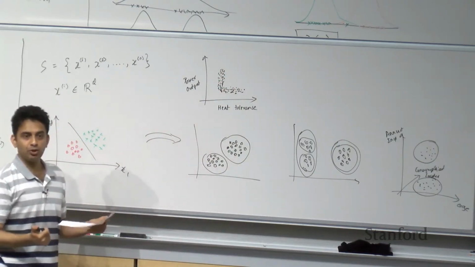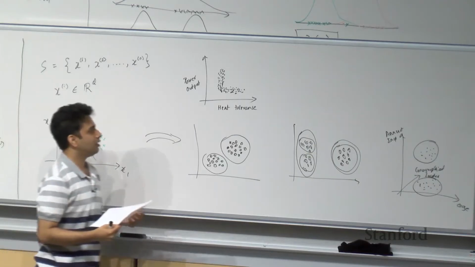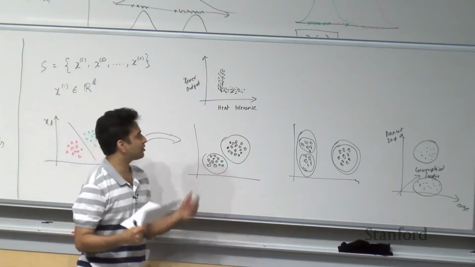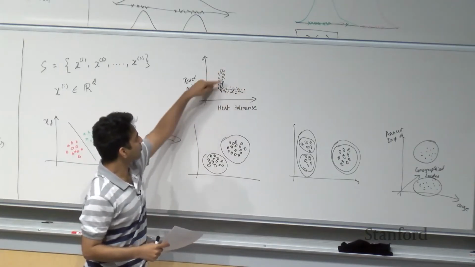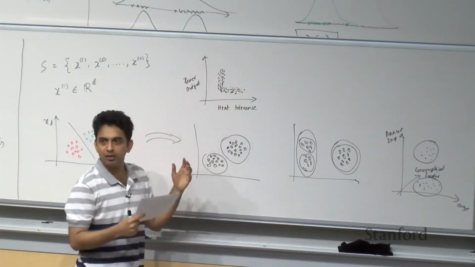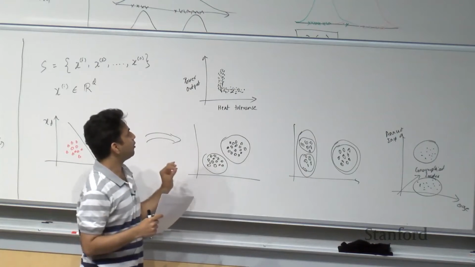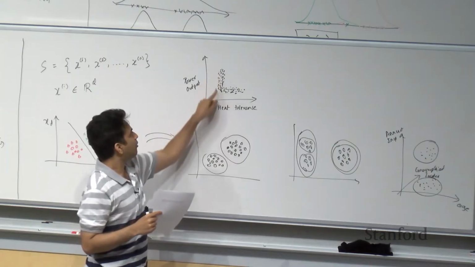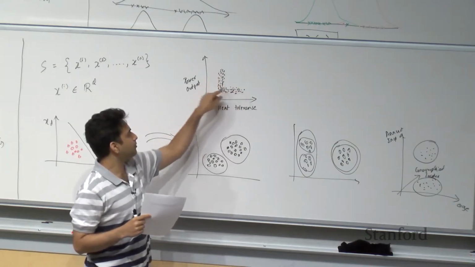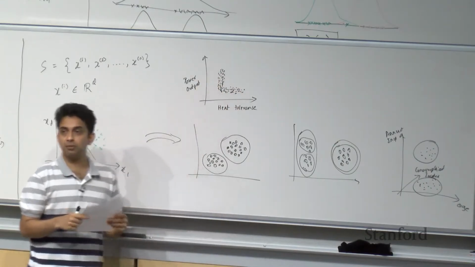Maybe there are two different subtypes of parts, maybe based on the material or something, where some of them fall in this distribution, some of them fall in this kind of a distribution. Whatever be the reason, generally, let's assume that normal-looking parts belong to this kind of a probability distribution.